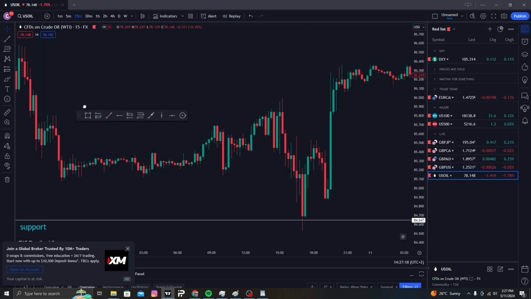Does that make sense, guys? Just say yes on the chat. So that's another confirmation that price is going to go to the upside. It's basically rejecting. That's the first thing that I look at.